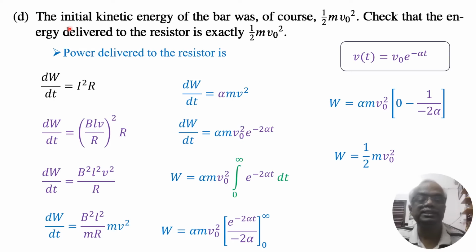Part D: the initial kinetic energy was of course half m v naught squared.